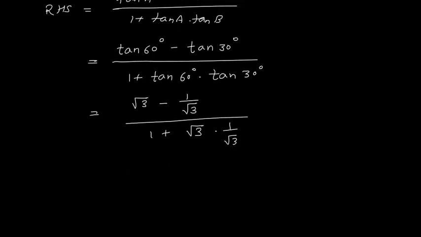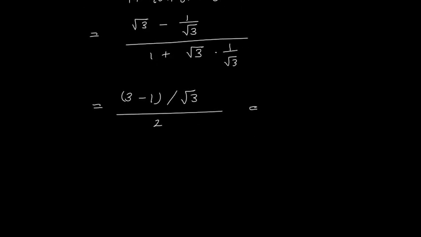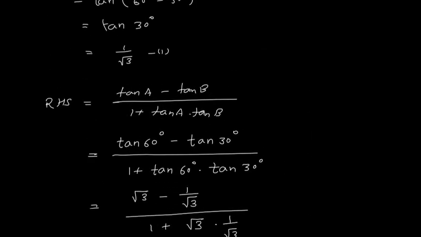Now this is equal to root 3 and root 3, they will become 3 minus 1 whole divided by root 3, and our denominator root 3 will cancel and it will become 2. So this is equal to 2 upon root 3 whole divided by 2. So this 2 will cancel and I have 1 upon root 3. So equation 1 we have 1 upon root 3, equation 2 we have 1 upon root 3.